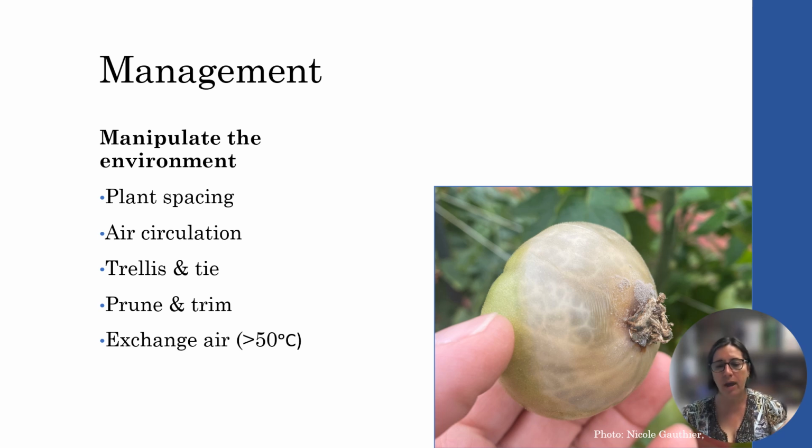I also am really aware that humidity in greenhouses is always really high. So having a humidity meter in every high tunnel is very important, and being able to exchange the air. As long as temperatures are above 50 degrees Fahrenheit, sorry, that C is supposed to be an F, you can exchange that air.